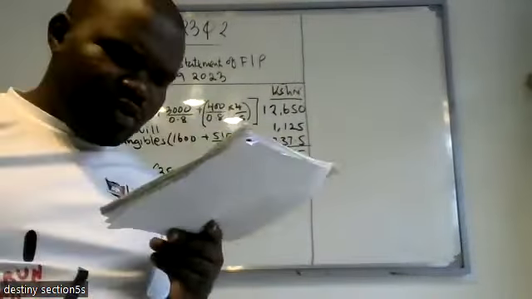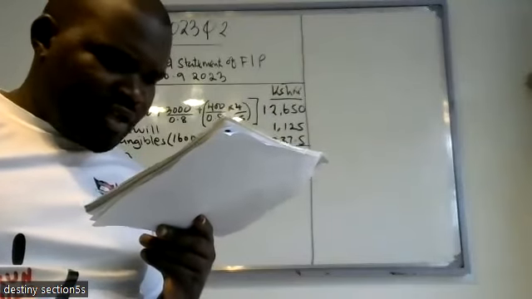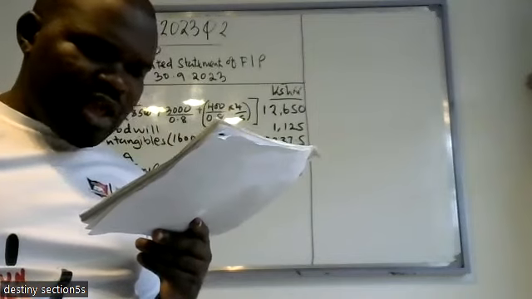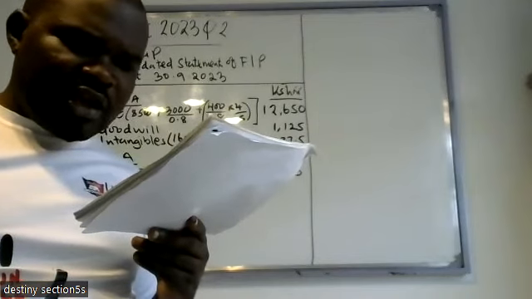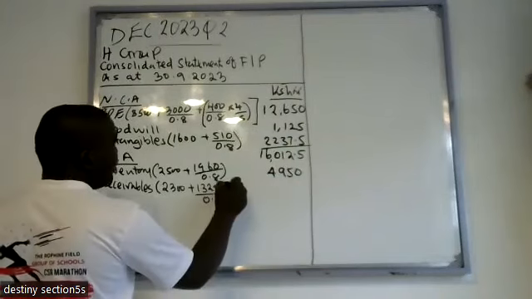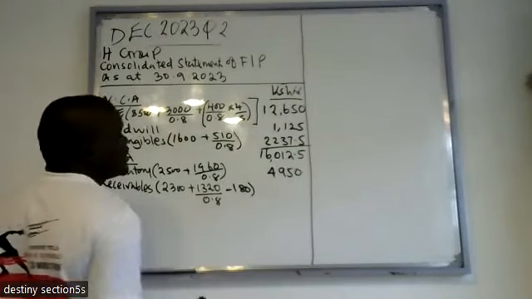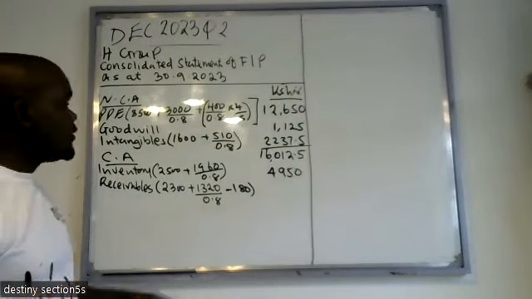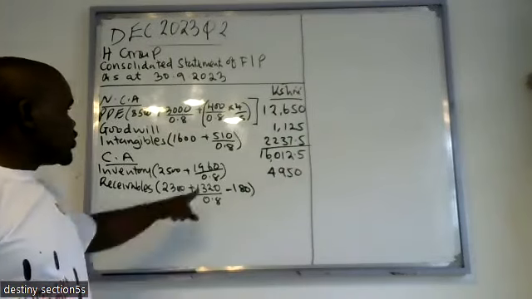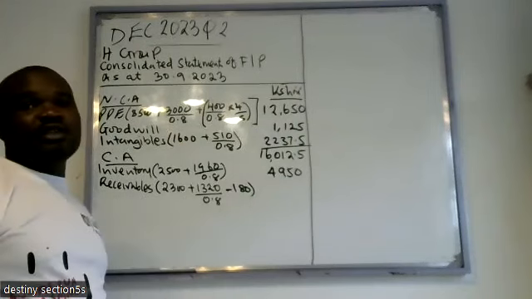H Limited exported goods worth 180 on account to S. This transaction has been recorded by both entities. However, the payable is still recorded at their rate. So you remove intergroup debts. They have recorded 180. You remove it from receivables and also from payables. So start with this plus this minus 180.